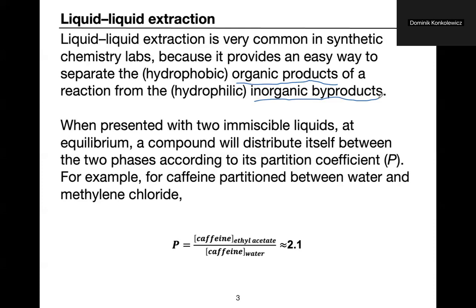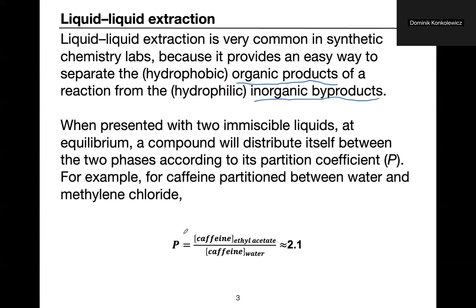Okay. The other thing to keep in mind when you're considering these is it's often more efficient to do multiple smaller extractions, right? So if we're going to start off with the caffeine being in the aqueous layer, it's more efficient to do 3 times, say, 20 milliliters or 30 milliliters of ethyl acetate, and then collect the organic layers together, right?